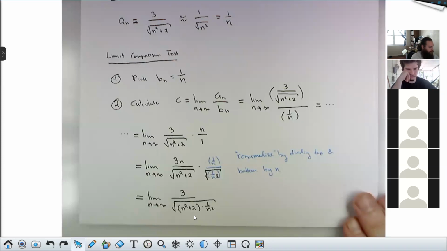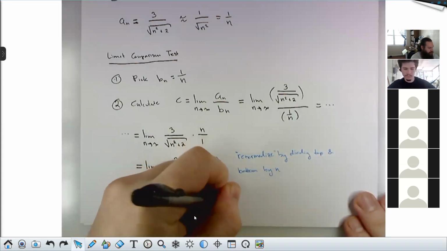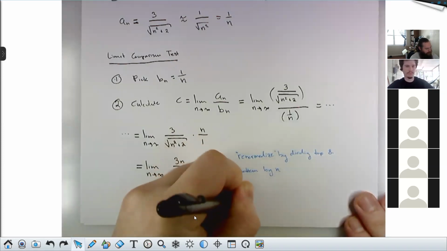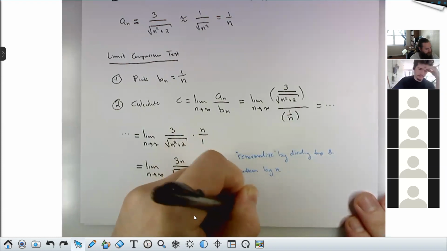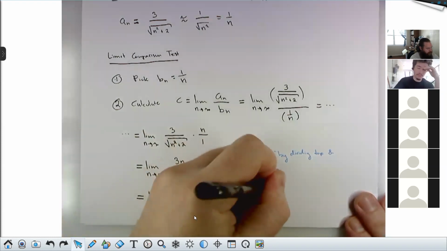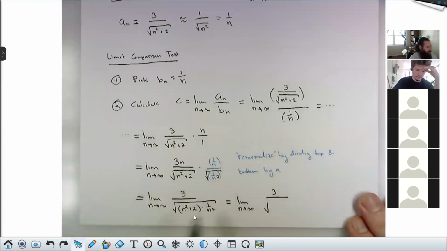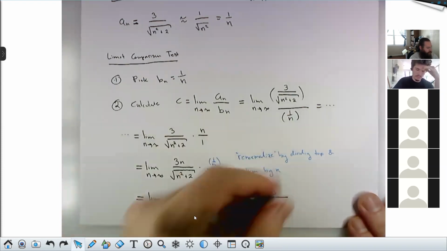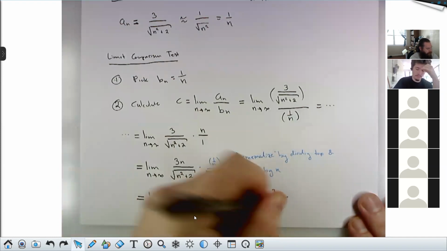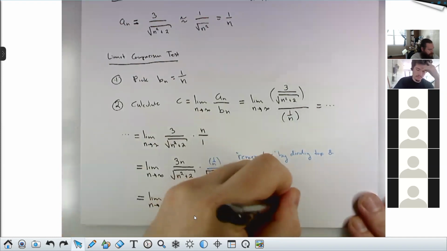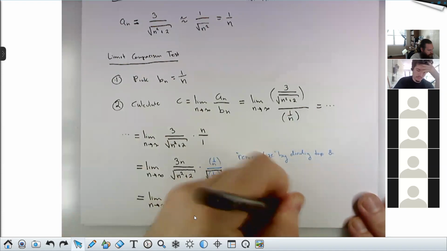Distributing the 1 over n squared, I get lim n to infinity 3 divided by the square root of n squared times 1 over n squared, which is 1, plus 2 times 1 over n squared, which is 2 over n squared.